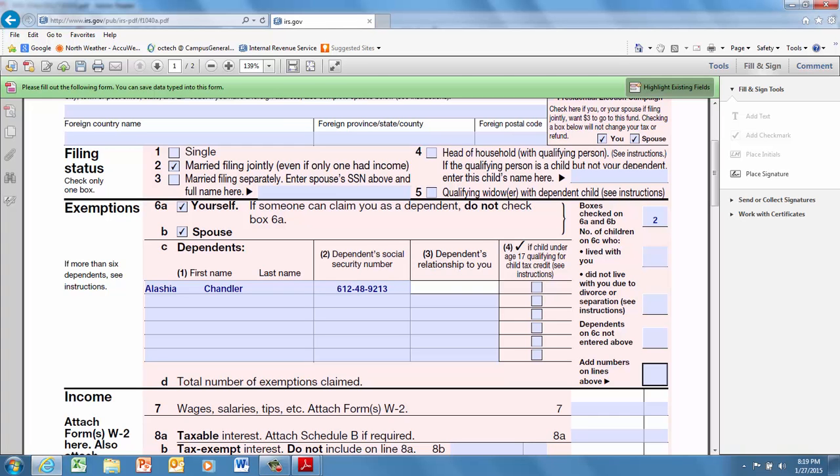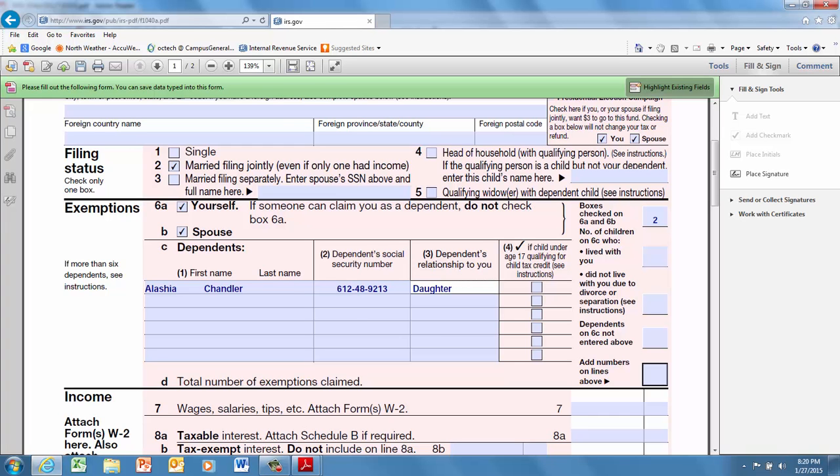Okay? Dependent's relationship to you. They want to know not just is this your child, they want to know is this your son, your daughter-in-law, your niece, who is it? So this is their daughter. Then there's the box for if the child is under age 17 and qualifies for the child tax credit.